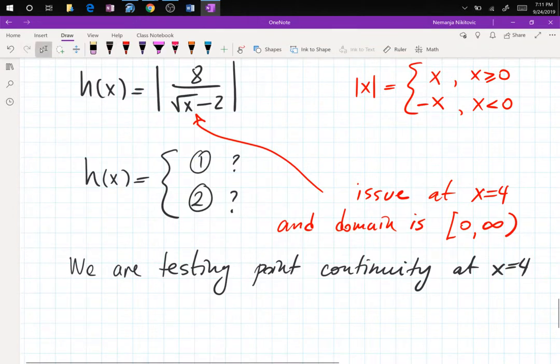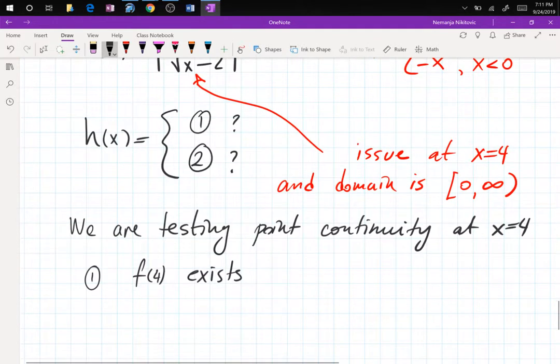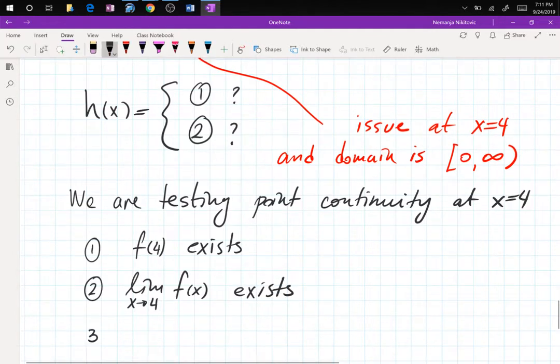So what do I have for this one? Well, at x equals 4, we have rule number 1, and rule number 1 says what? F of 4 exists. Rule number 2 says the limit of f of x as x goes to 4 exists. And rule number 3, they have to equal each other.